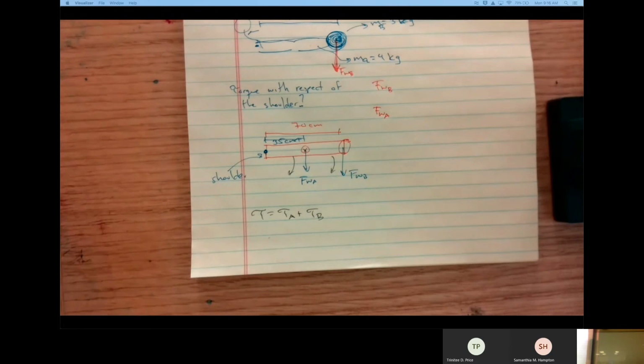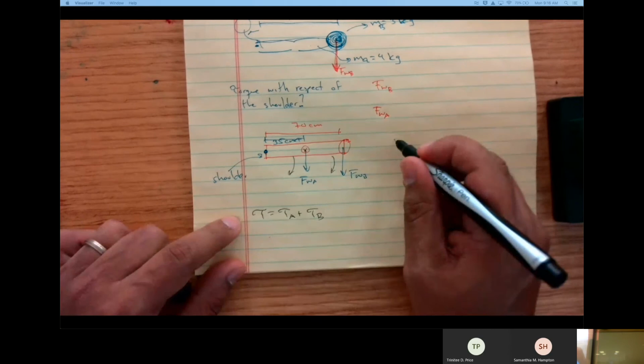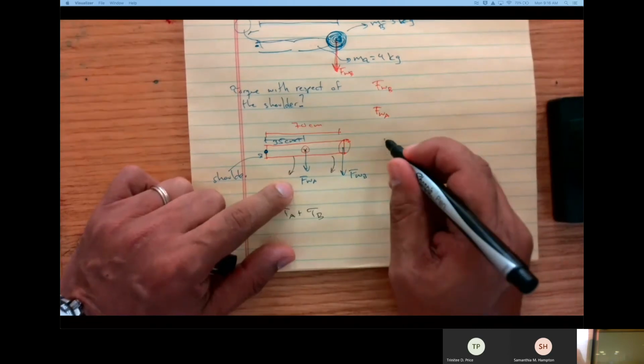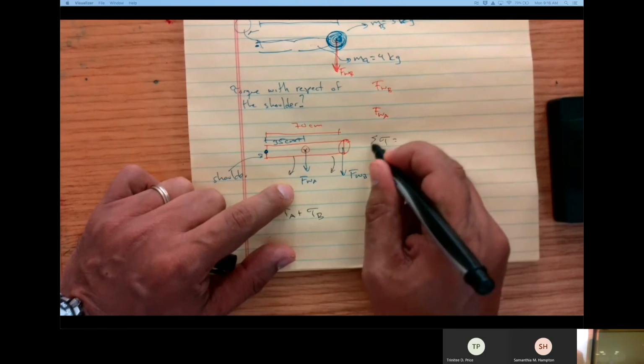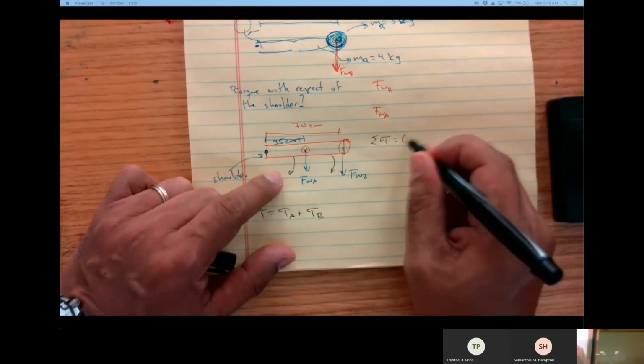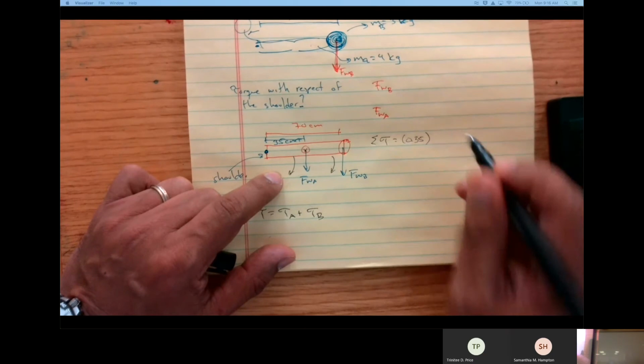Okay, so the torque created by the arm is going to be 0.35 meters.